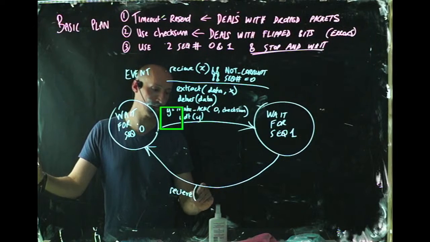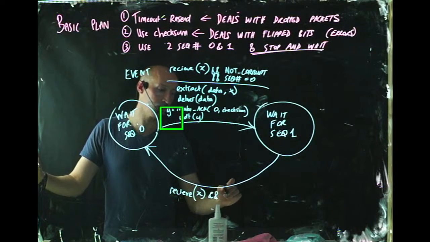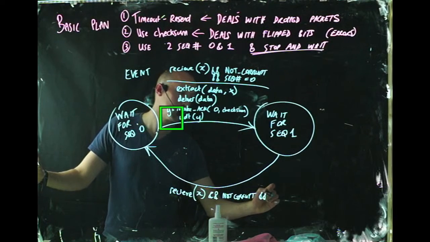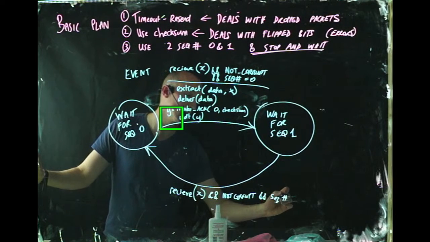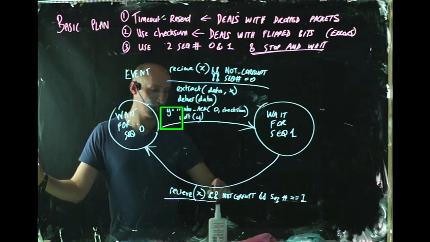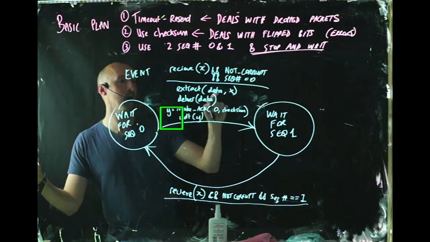So we receive X, and it's not corrupt, and sequence number equals 1. So that's the event that happens. One of the actions we take is exactly the same as all of this here.